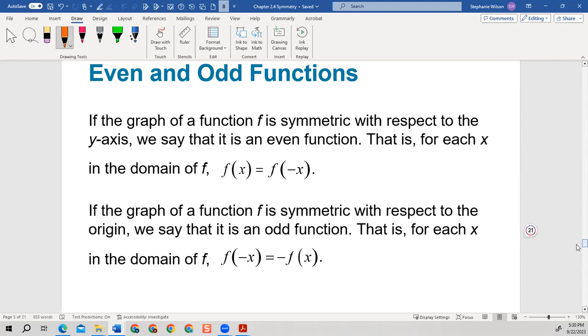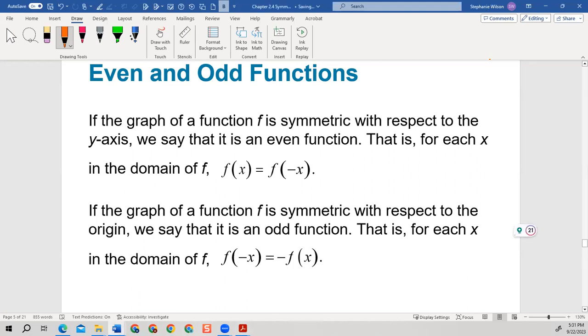That is, for each x in the domain of f, f of negative x is equal to negative f of x. Okay, and when we're talking about the origin again, you remember it's saying both x and y are negative. So that's what we got here, which makes sense.